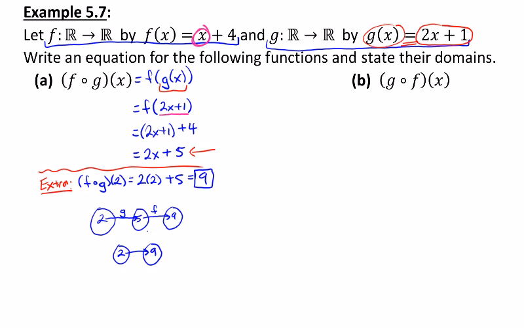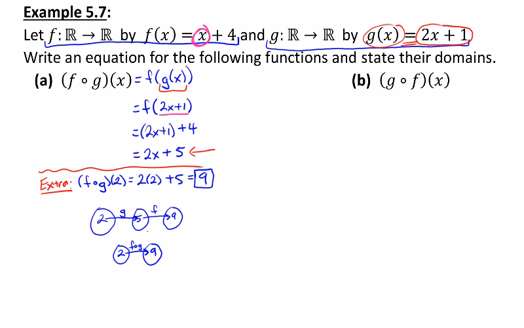And the function that did that is called f composed with g. By actually performing the composition with the equations, you can come up with a single function that will go straight from the very beginning all the way to the final answer. So very powerful stuff here. Hopefully you'll see the appreciation there from 5.6 to what we're doing here in 5.7.